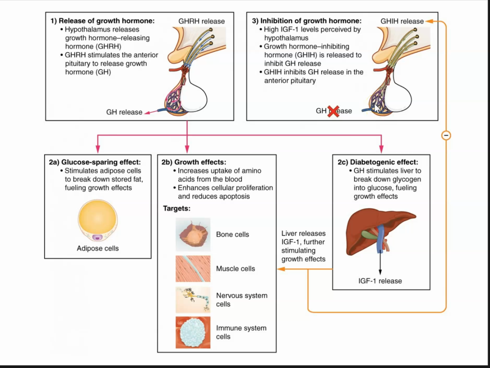It secretes thyroid stimulating hormone. It also secretes gonadotropins, which are follicle stimulating hormone and luteinizing hormone. And it secretes adrenocorticotropic hormone. The last hormone that it secretes is melanocyte stimulating hormone.